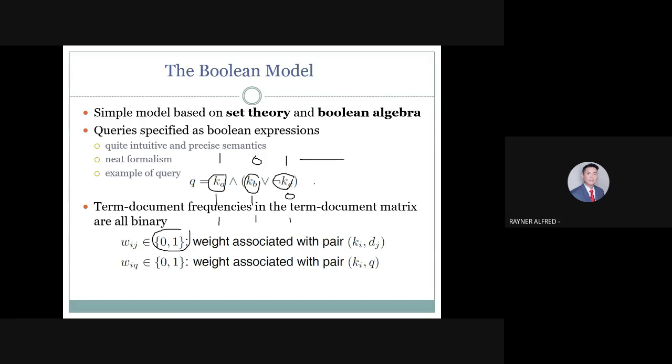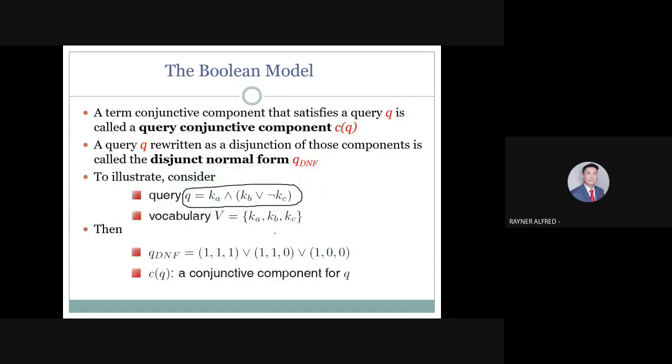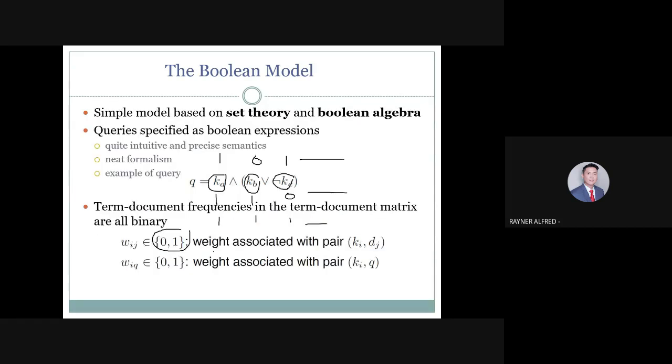So we have 3 options here. Either I can have this or this or this. So this is what we call disjunctive normal form because we're using OR. We're using OR here. So I go back here, 111 or 110 or 101.